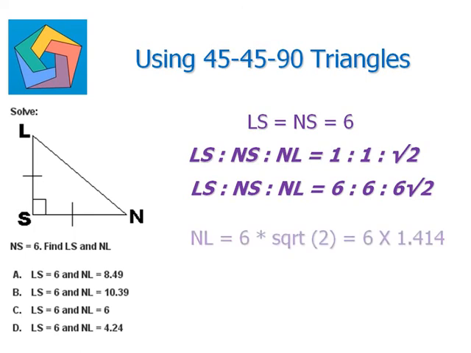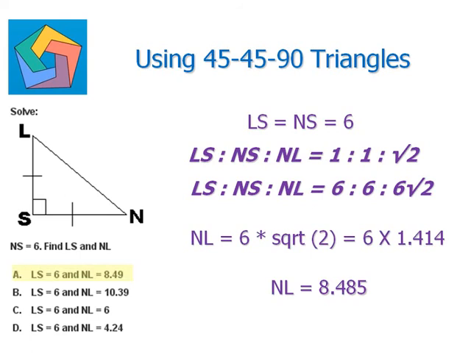Therefore, NL equals 6 multiplied by square root of 2, and the final answer for NL that we get is 8.485, which we can round off to 8.49. So our correct answer is option A, which says LS equals 6 and NL equals 8.49.